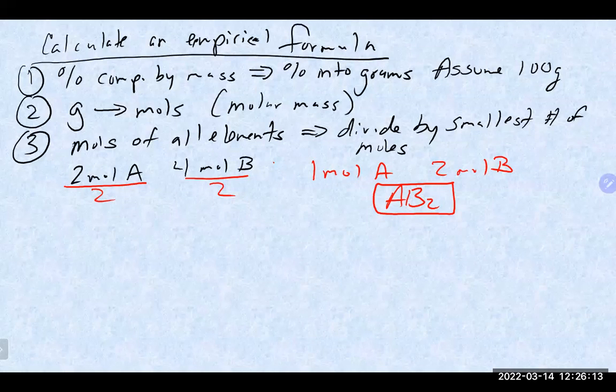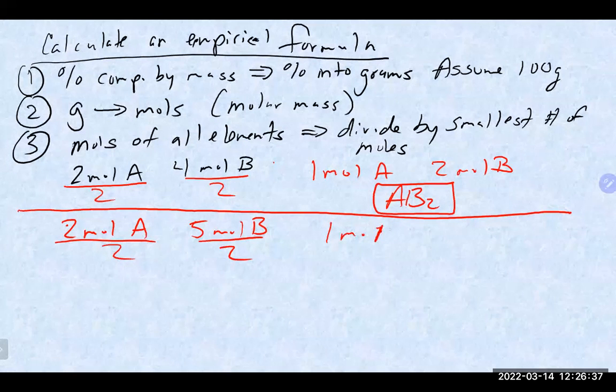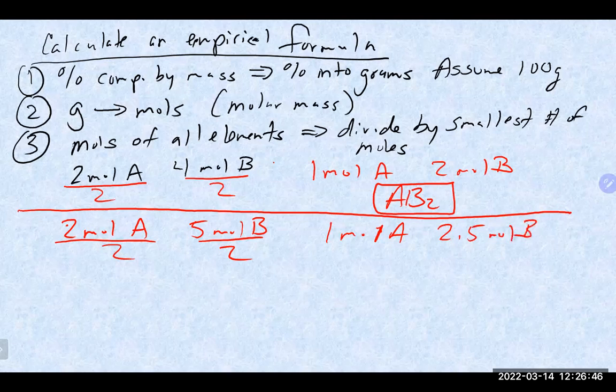Now, let's say I had a different example. Let's go with 2 moles of A and 5 moles of B. When I divide by 2 now, I end up with 1 mole of A, and 5 divided by 2 is 2.5 moles of B, which technically would give me an empirical formula of A B 2.5.